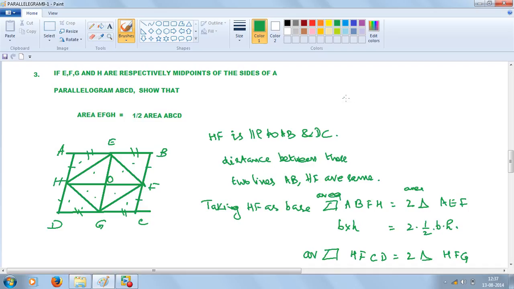So what is the property of the parallel? Suppose two parallel lines are there, when we draw another line at equal distance, that line also is parallel to both these two lines. So this is the basic property of the parallelogram.